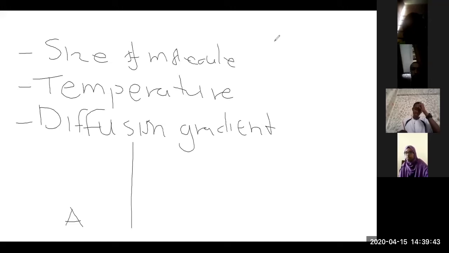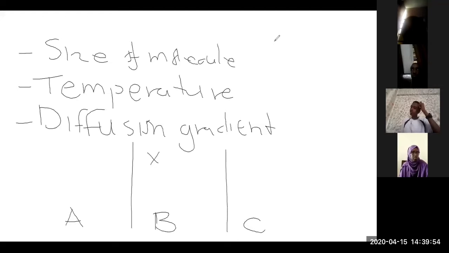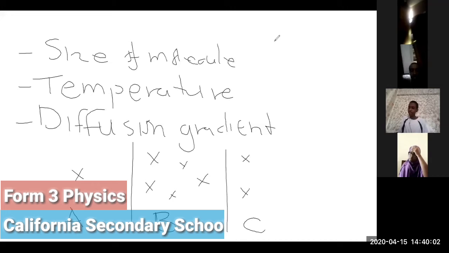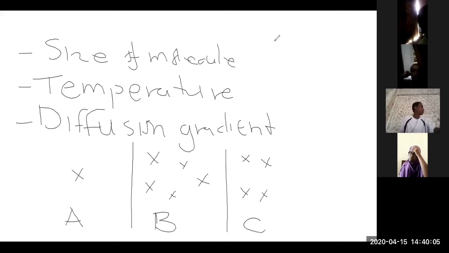We have region A, region B, and region C. Let's say here we have 5 molecules, here we have 1 molecule, and here we have 4 molecules. If you look at this, you'll find that region B is more concentrated than region C, and the region that has the least concentration is region A.